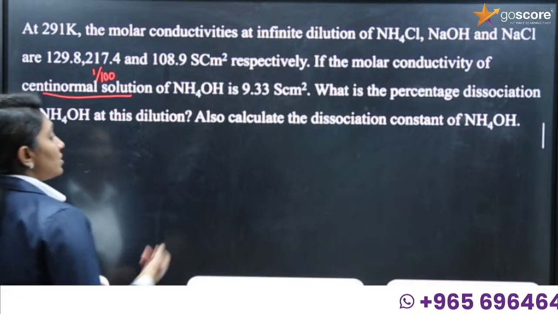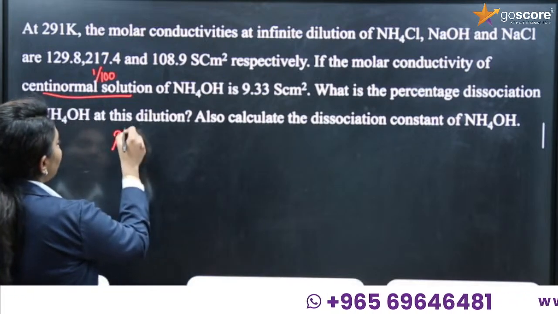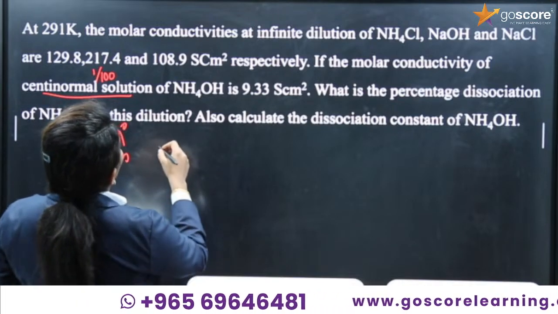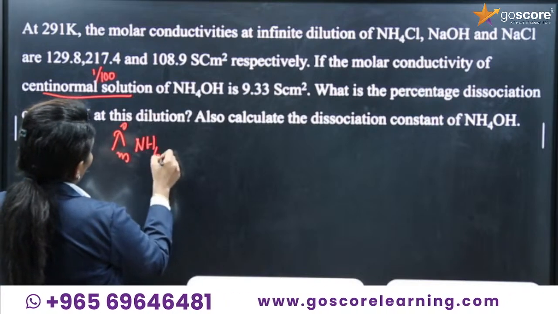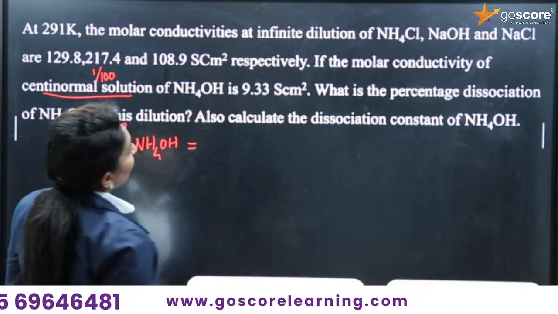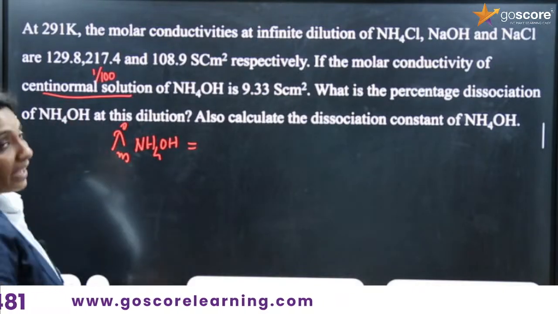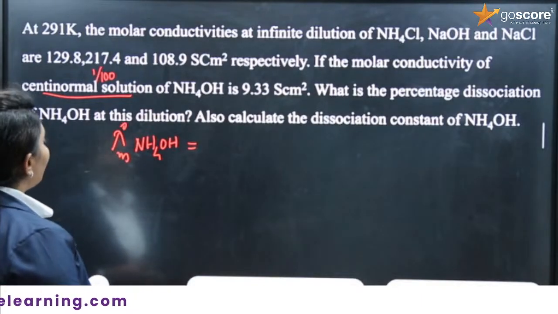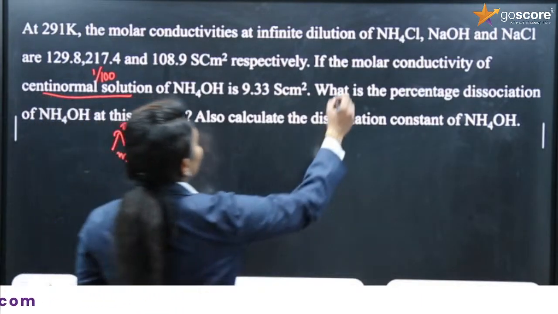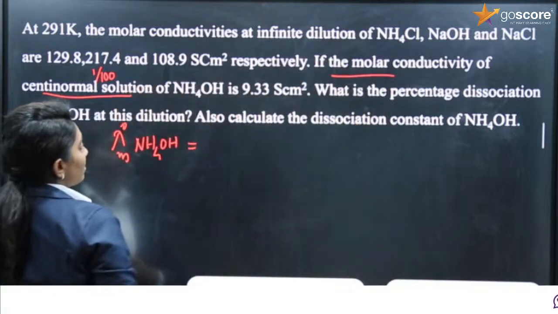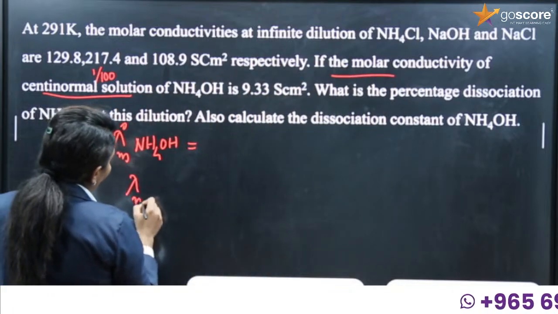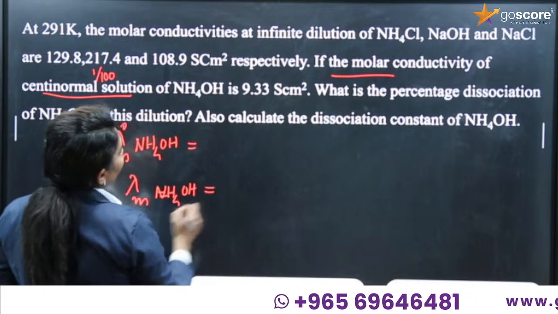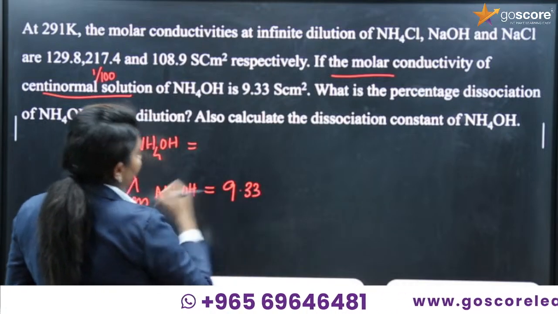So, for that, first you have to find out the limiting molar conductivity of ammonium hydroxide from the given values of ammonium chloride, NaOH and NaCl. So, from the first method itself, you can find out the limiting molar conductivity, and the molar conductivity at 1 by 100th concentration. That means the lambda M value of NH4OH is given as 9.33, right?